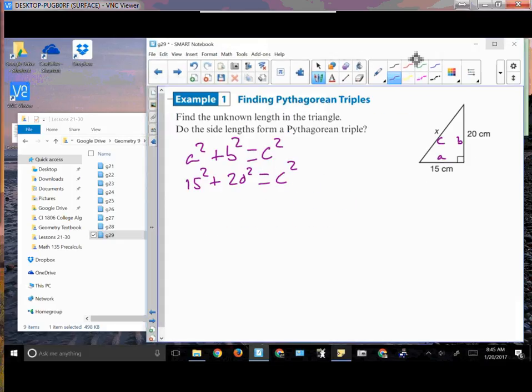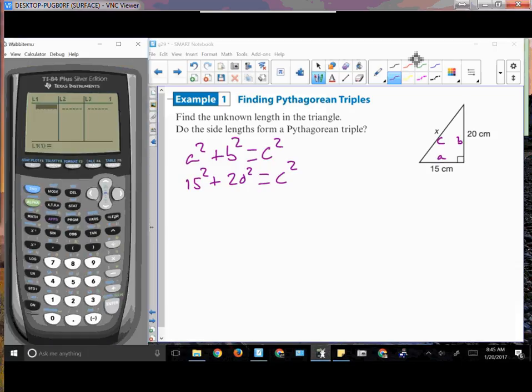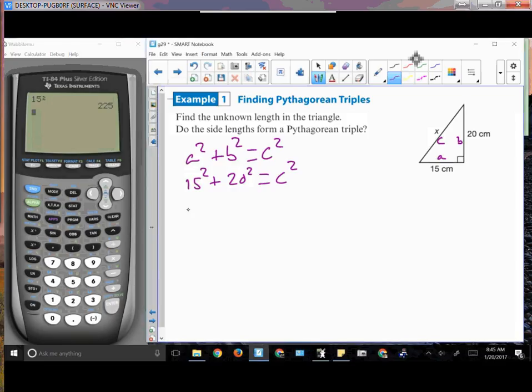Now again, you need to be writing out all of this work so that if you do make a mistake, you can go back and double check it. All right. So now, 15 squared, you got that? 225. 20 squared is 400.